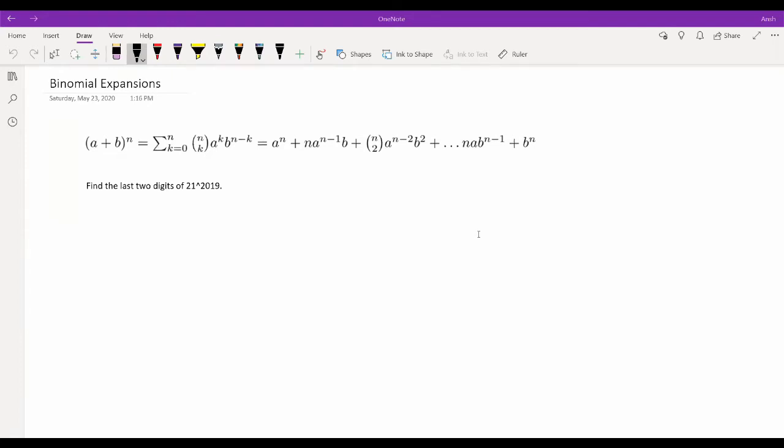So this is equal to a to the n plus n times a to the n minus 1 b plus n choose 2, a to the n minus 2 b squared, and so on, all the way down to n times a b to the n minus first power plus b to the n.